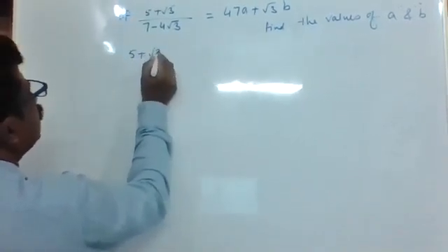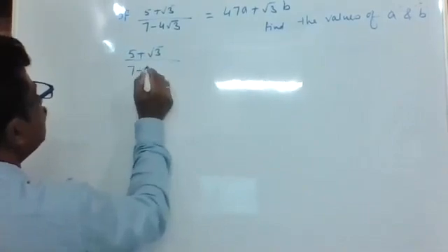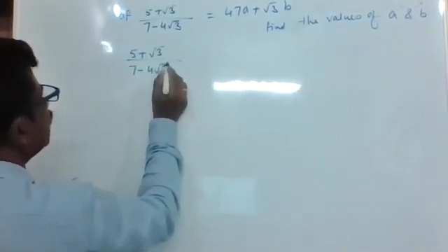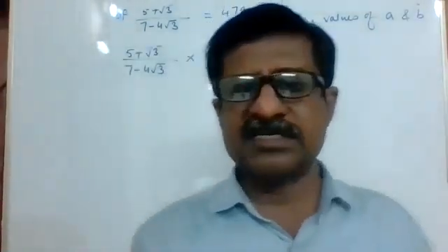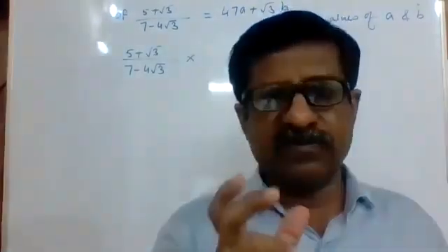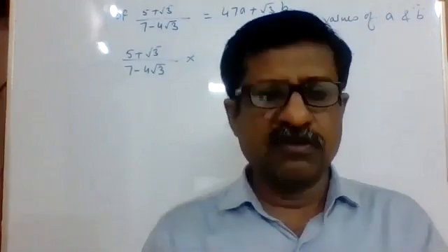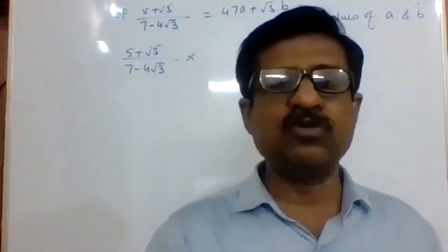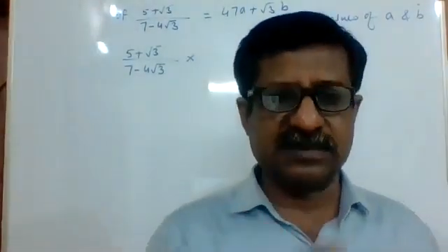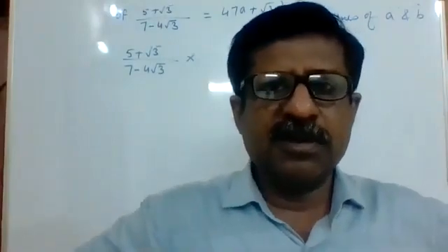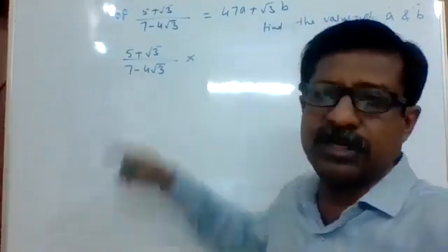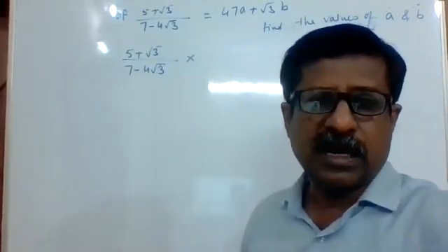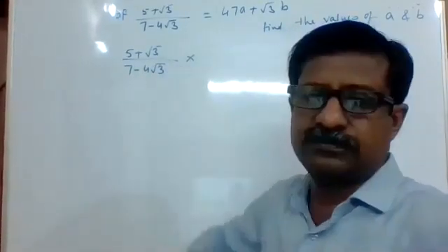5 plus root 3 upon 7 minus 4 root 3, this is the question. We try to rationalize it. Now how to rationalize it? For that we see the denominator, and we try to make the denominator a rational number. The denominator of LHS is 7 minus 4 root 3, and it's a binomial.